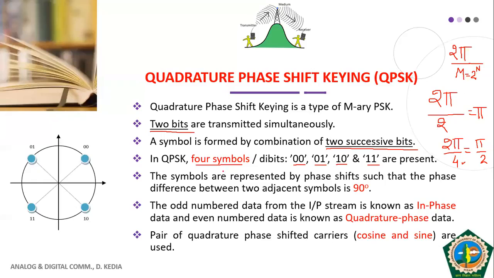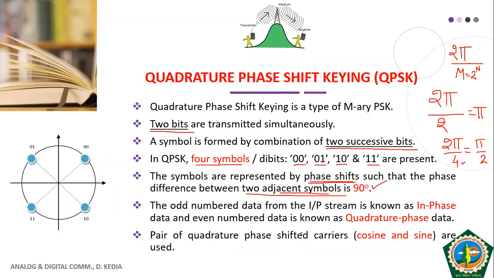The digital symbols in QPSK are represented by phase shifts, because this is a PSK technique. These phase shifts are such that the phase difference between two adjacent symbols is 90°. As I told you, we will be combining two successive bits, so the bits will be divided into two streams: an odd numbered bit stream and an even numbered bit stream.